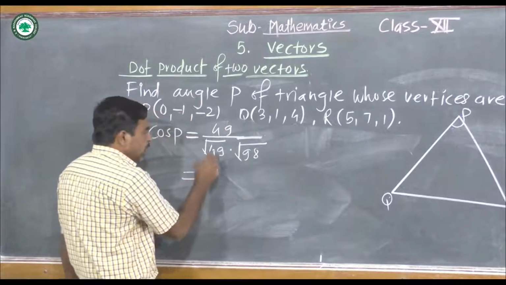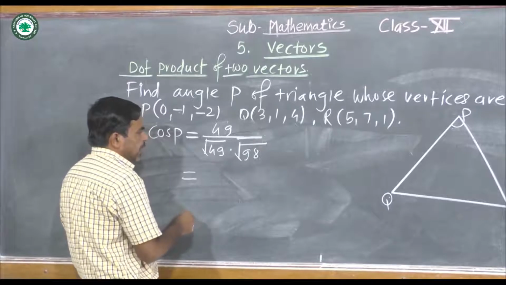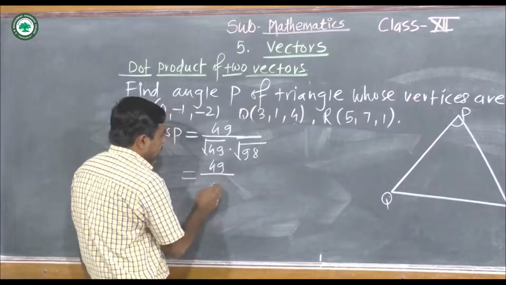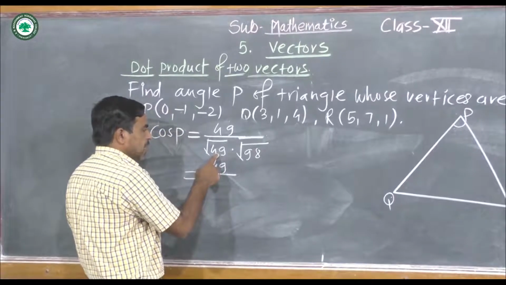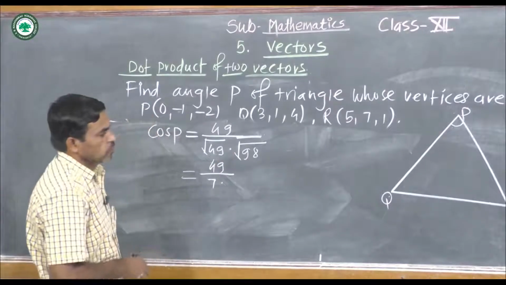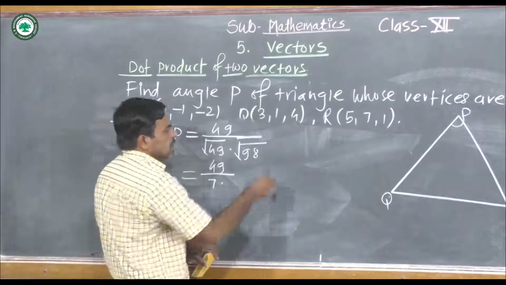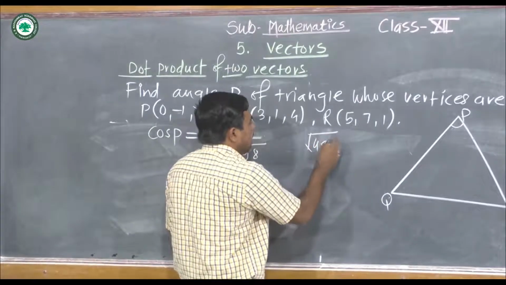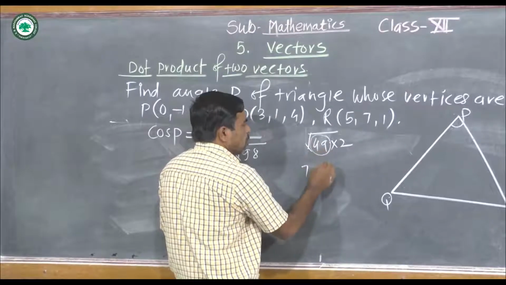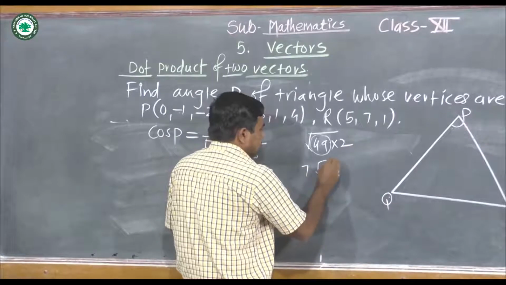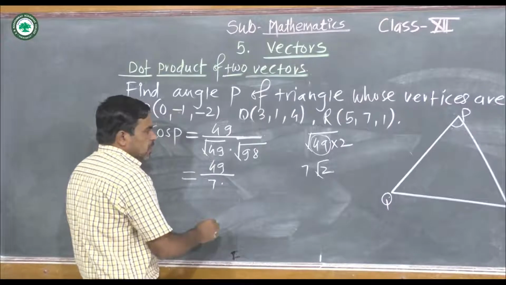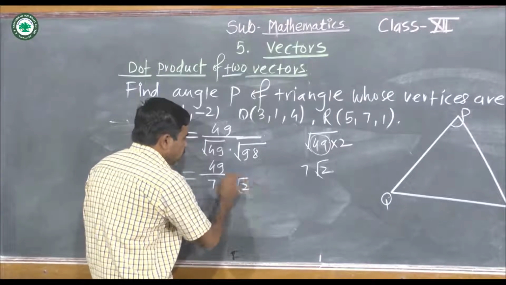Again it is equal to 49 divided by square root of 49, which is 7, because magnitude of vector is always positive, into square root of 98. This square root of 98 can be written as square root of 49 into 2, and square root of 49 is 7, so it can be written as 7 into square root of 2.